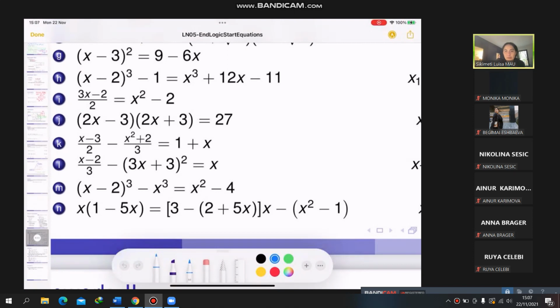Let me see if I can do an annotation here. I don't have the option for annotation.